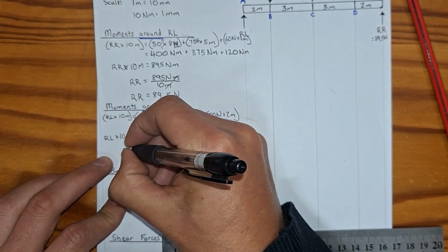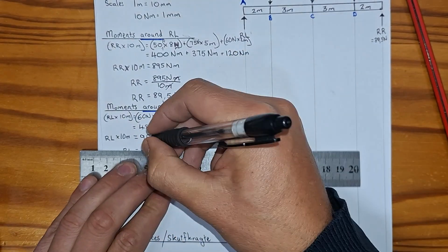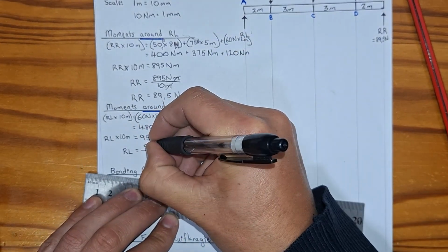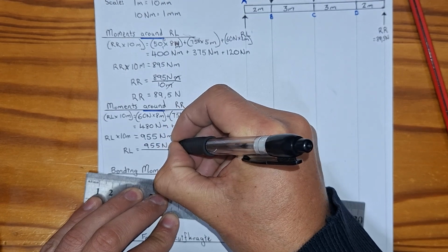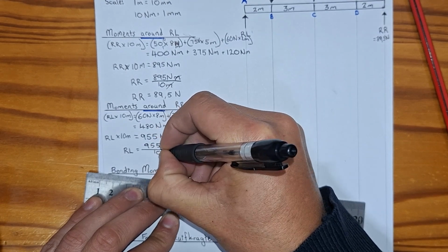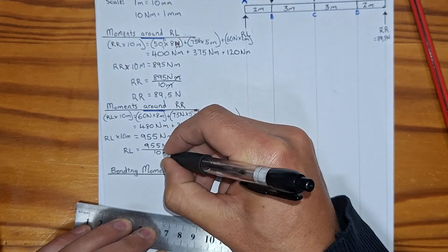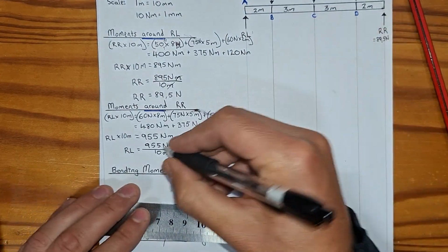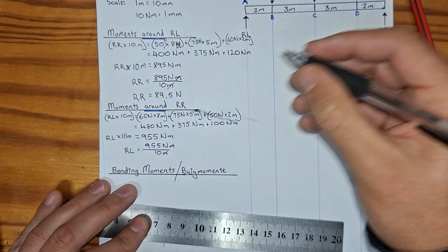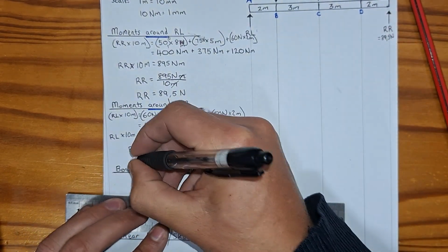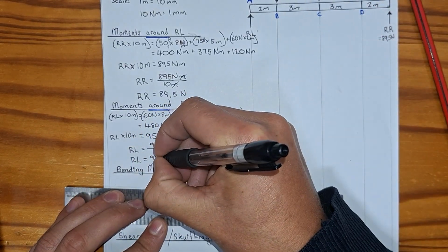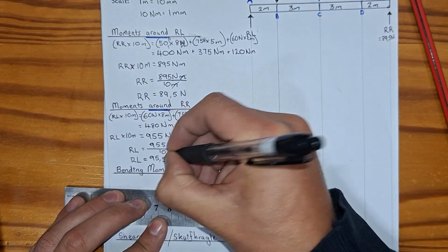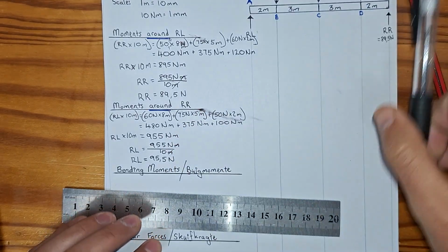So reaction left is equal to 955 Newton meters divided by 10 meters. Meters cancels with meters. So 955 divided by 10 equals 95.5 newtons.